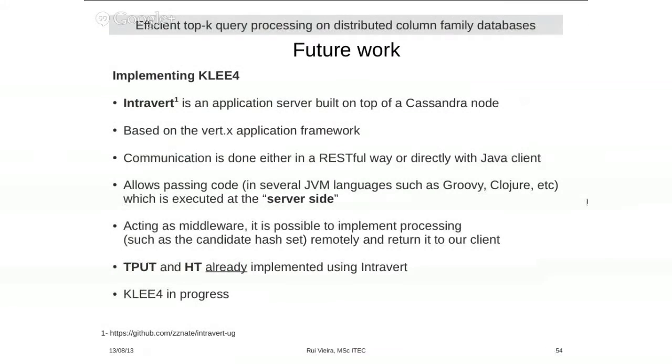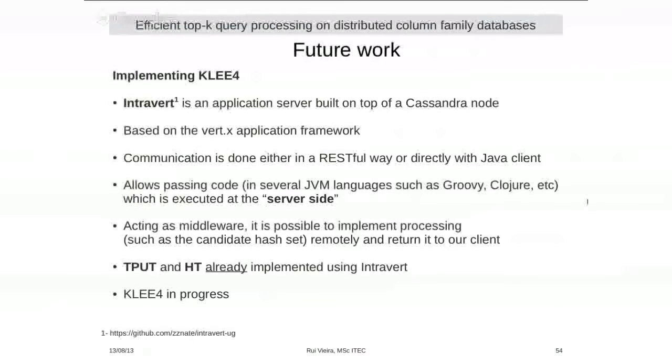So for future work, there is KLEE4, the extra optimization step, which is possible to do using solutions like Introvert. Introvert is an application server which is built on top of a Cassandra node. It's based on the Vert.x application framework, and it allows a Java client to communicate with Cassandra via Introvert.